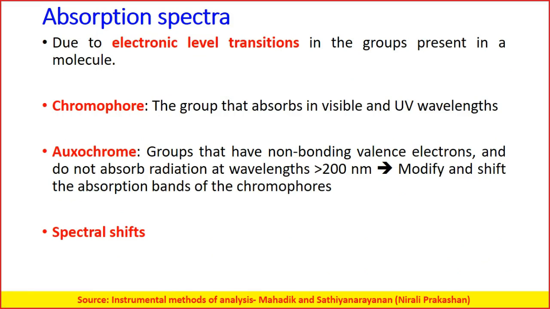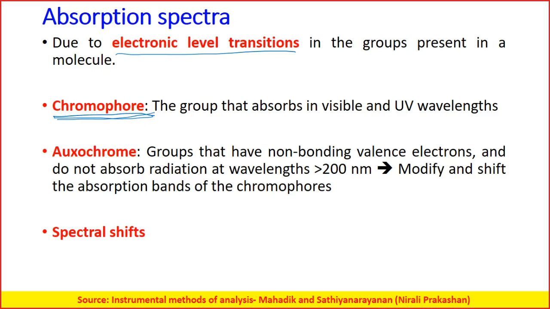Now the absorption spectra are due to electronic level transitions in the groups which are present in the molecule. Within a molecule there are certain groups which can absorb the radiations, and which result in this absorption spectra. These are regarded as the chromophores.